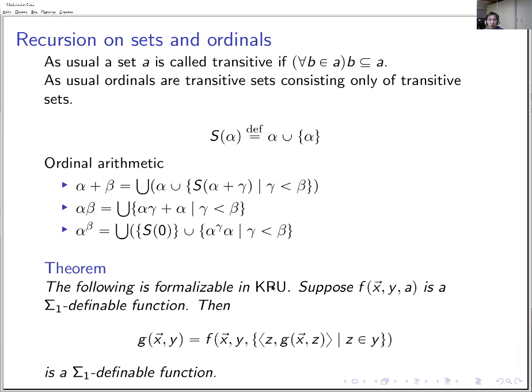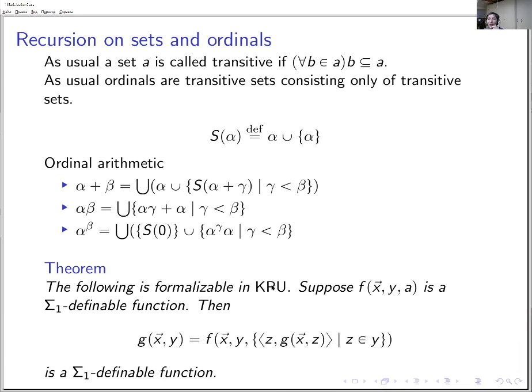Okay, and as usual, we have the successor operation on ordinals. Here you can see the standard definition of arithmetic on ordinals. To carry this definition out in Kripke-Platek theory, we want to use recursion on sets.